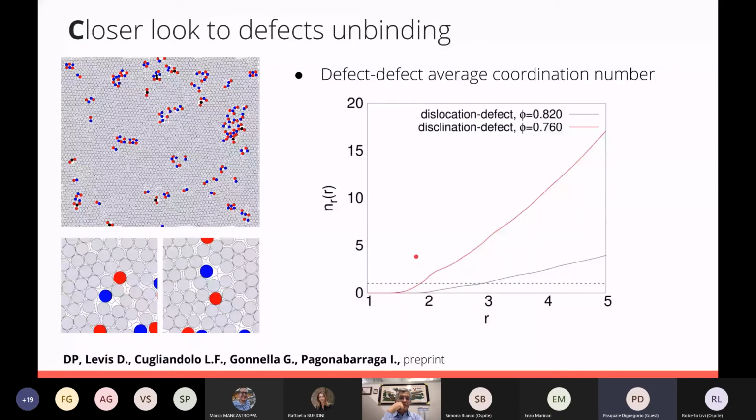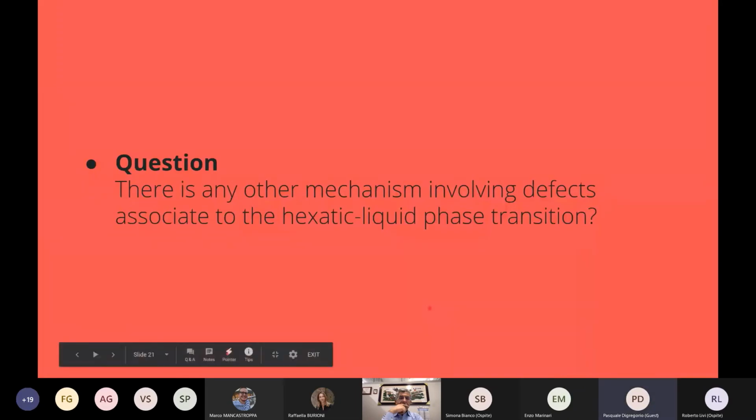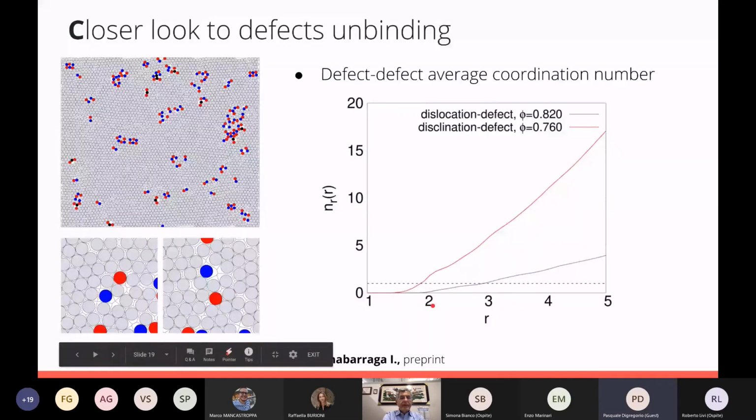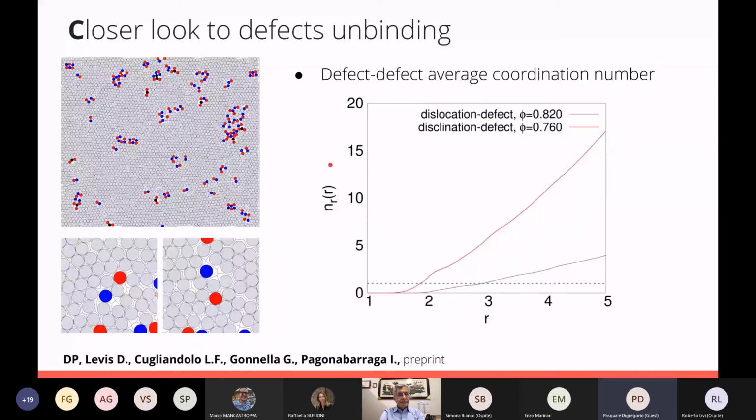So in a way, this contradicts a bit the prediction of the Kosterlitz-Thouless theory concerning the hexatic-liquid phase transition, because we should observe in correspondence of this transition a true unbinding of these kinds of defects, while we also observe bonded disclinations.